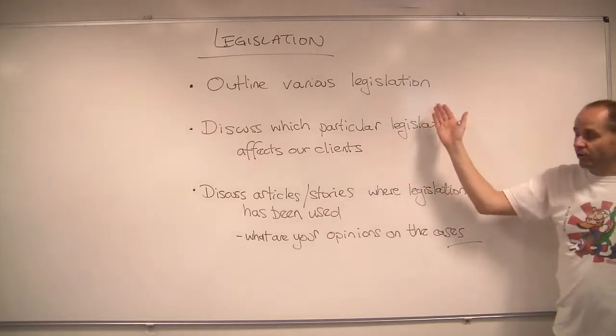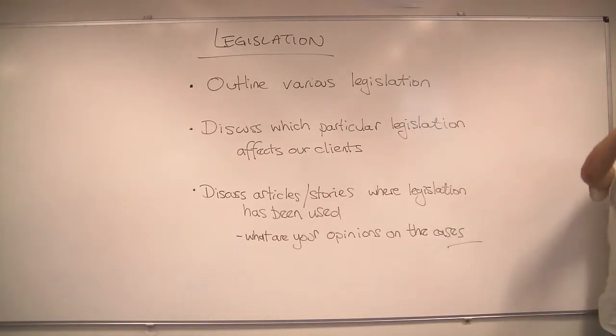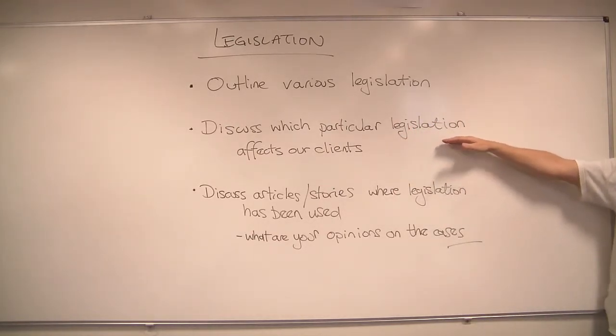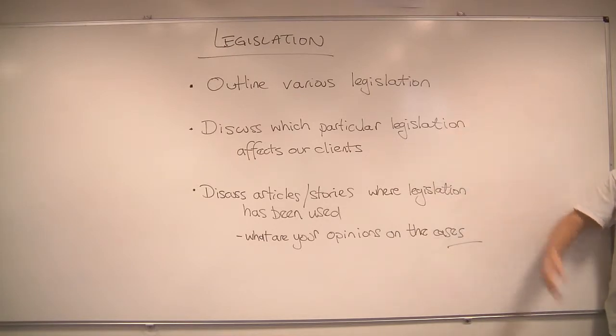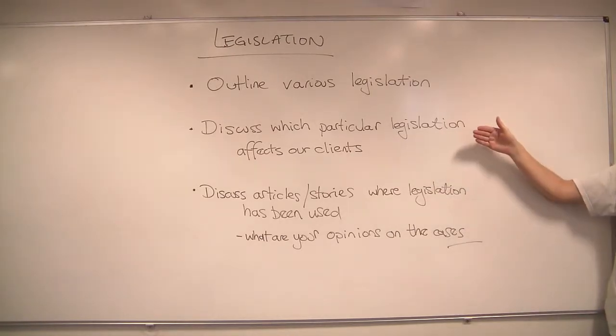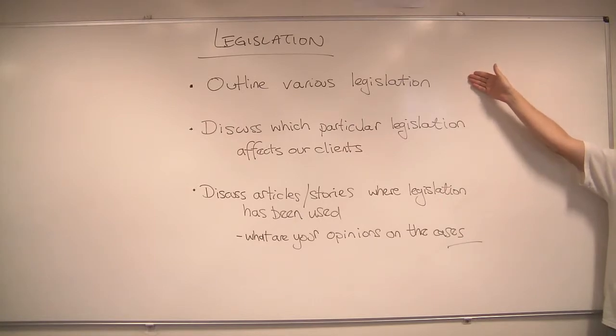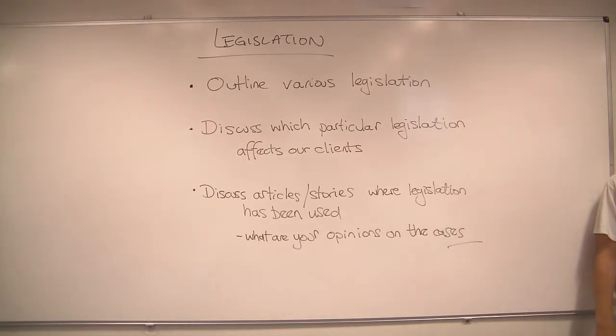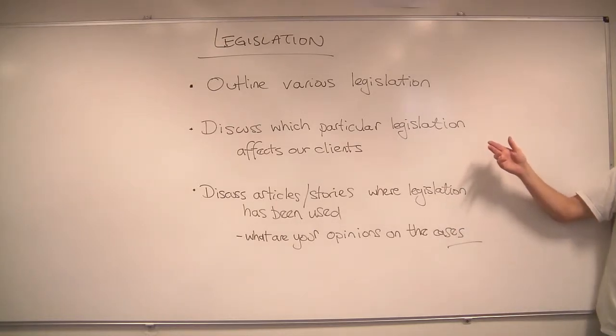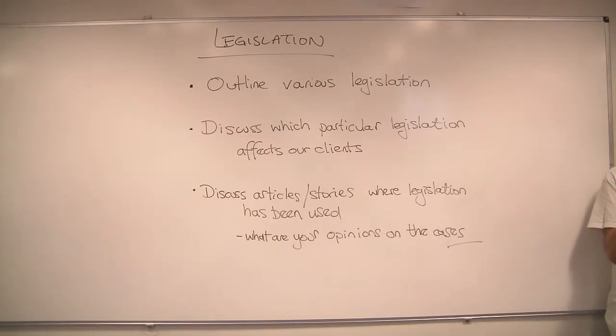Once you've done that and you've identified what this legislation is used for, you need to go through the 3 clients and say which of those bits of legislation are useful to those clients so that they can get equal opportunities. Now, we've got 3 different clients, but 2 of them work.